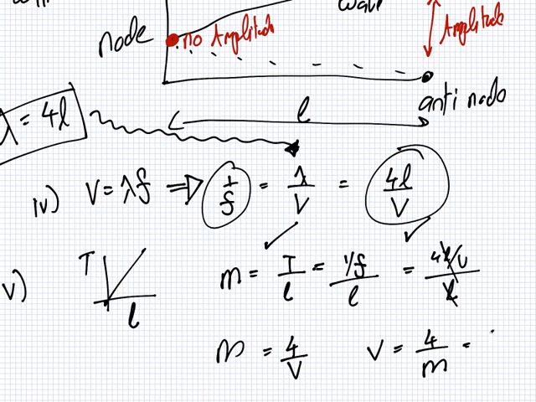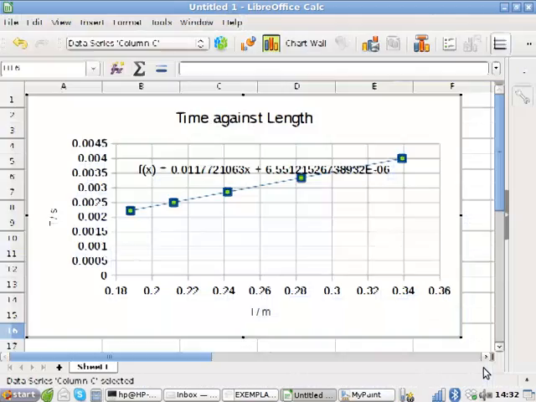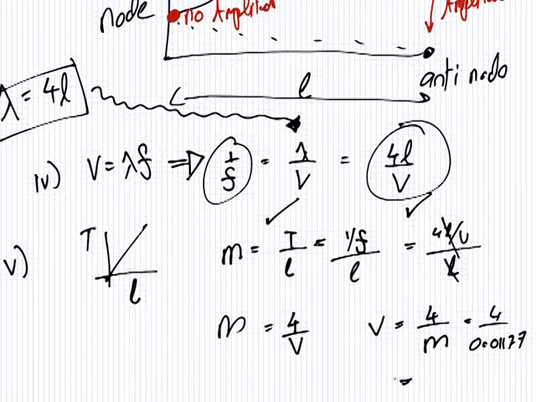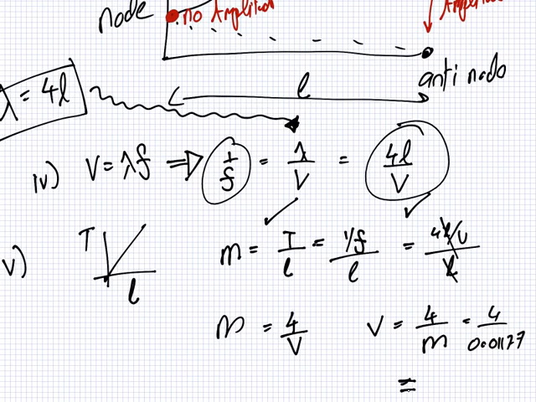So if I do 4 over 0.01177, what do you get? 354.9. Okay, not too bad. Bigger than you would expect, but not too bad. It's about 340. Okay. What's next then?